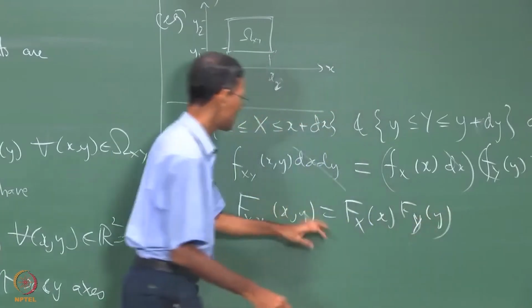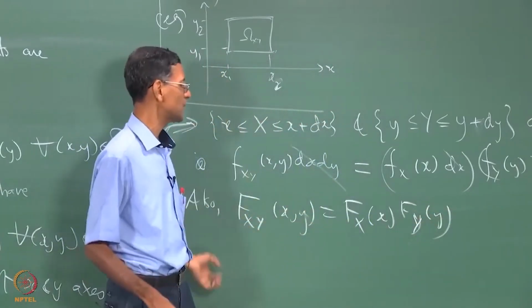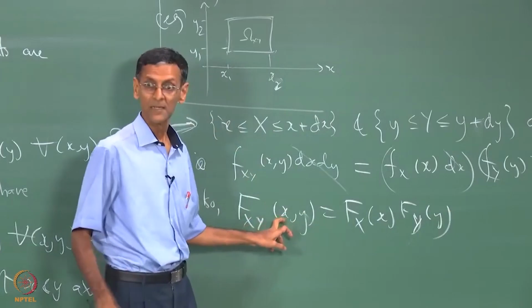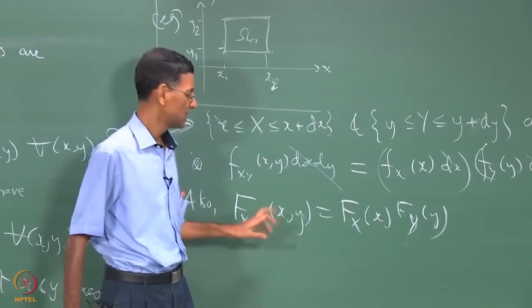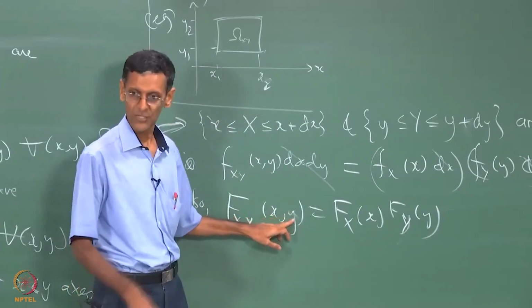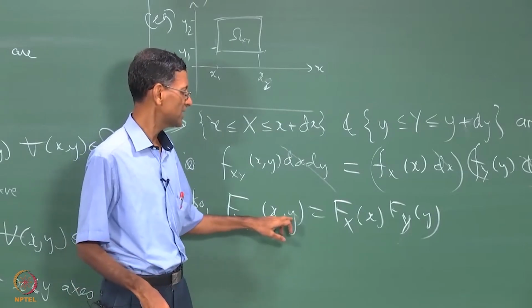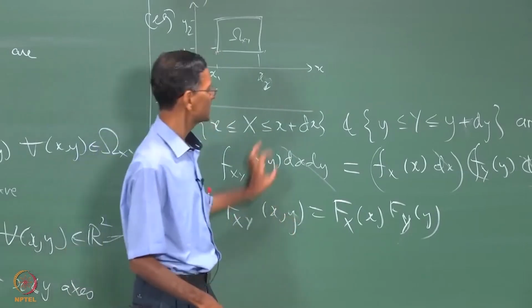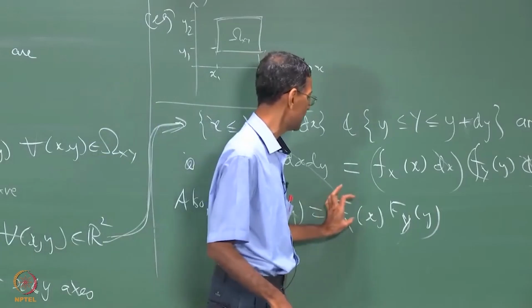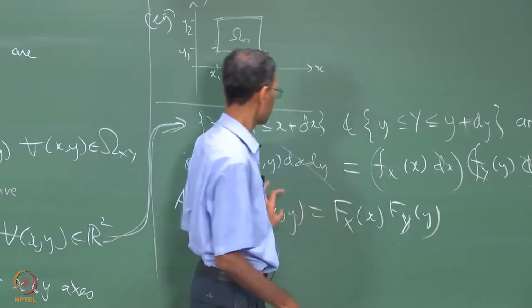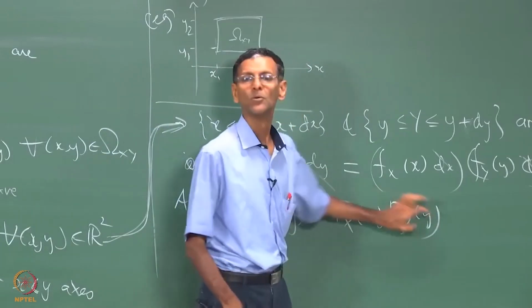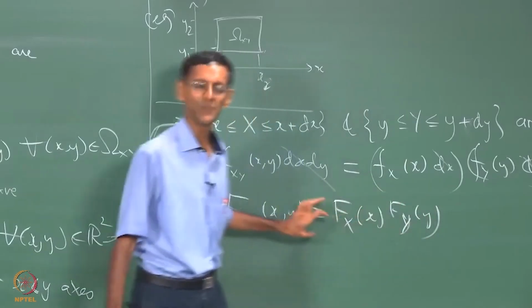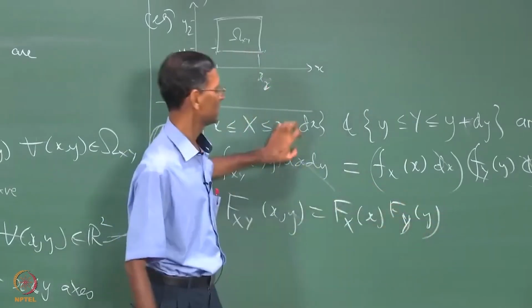Because this is a joint probability that capital X takes values not exceeding this number x here, and jointly capital Y takes values not exceeding small y. So that event is a joint event, and its joint probability is a product of these two. P(AB) equals P(A) into P(B), just like here.